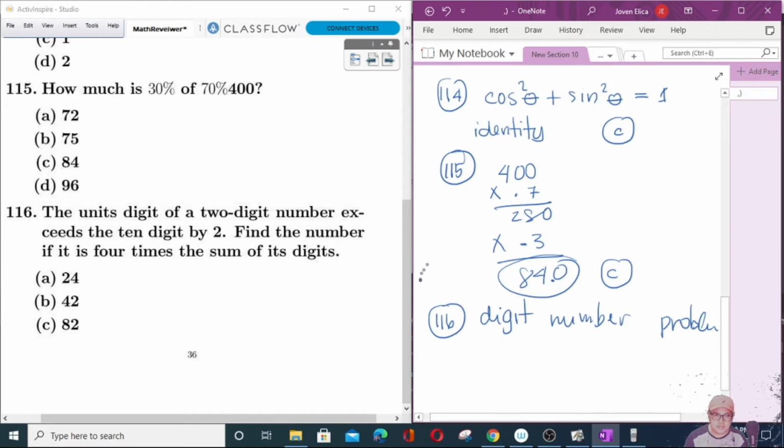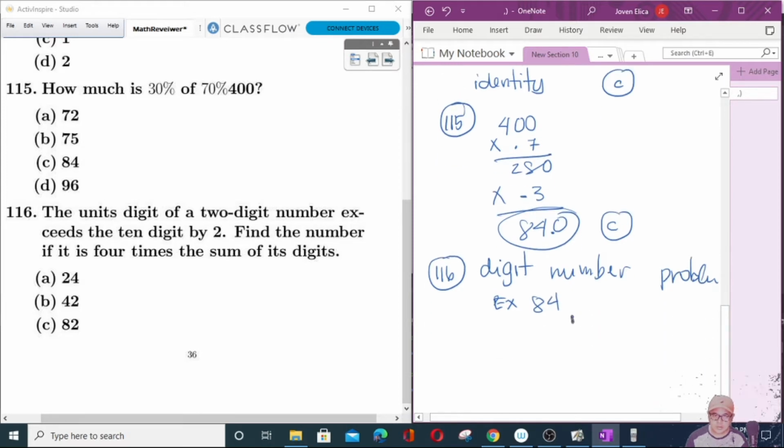For the unit digits, we need to recall the place value of our digits. For example, if we have 84, the place value is: this one is ones, this one is tens, or if this is 184, this is hundreds.